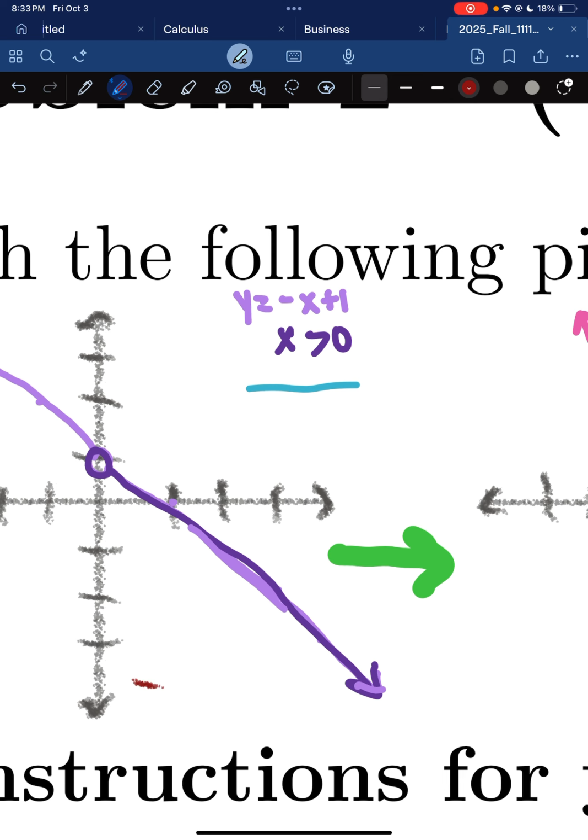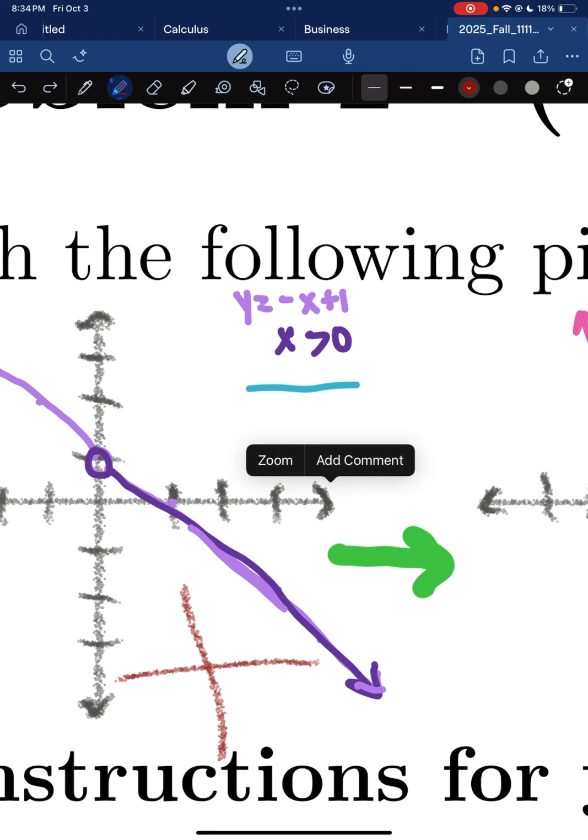So we know negative x plus 1, this acts as the y-intercept. So we started at 1 right here. And then this is our slope, which is a negative slope. So we know the slope is negative 1. So the line is going to look like that.